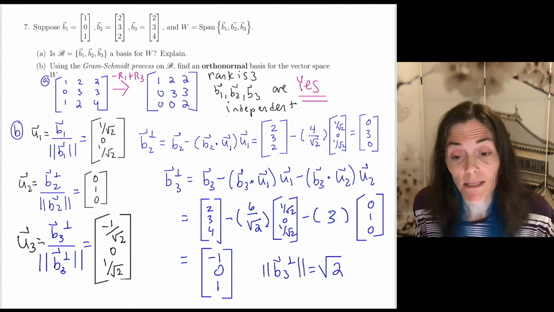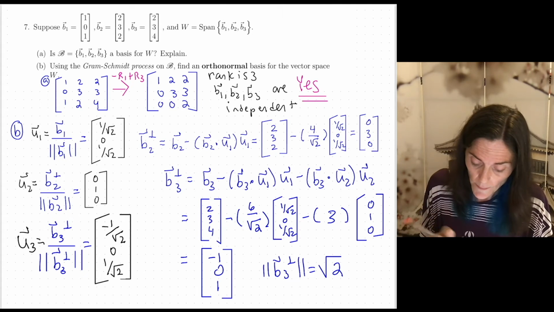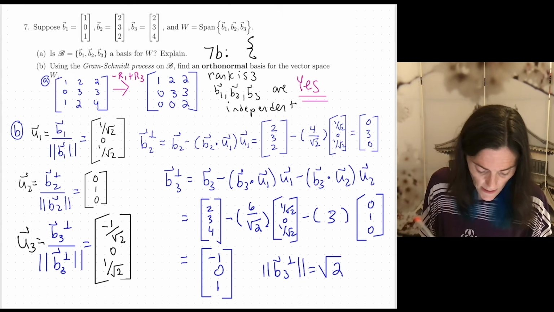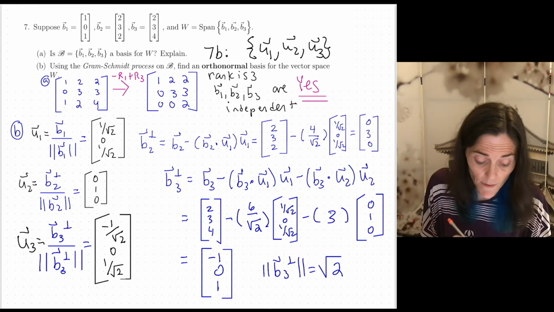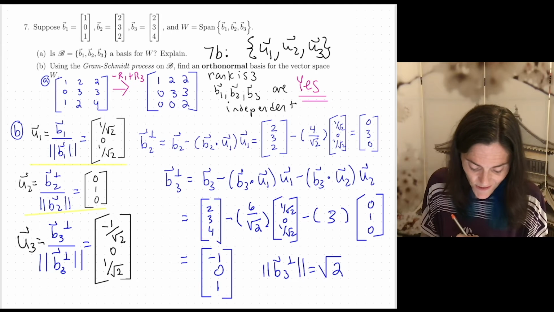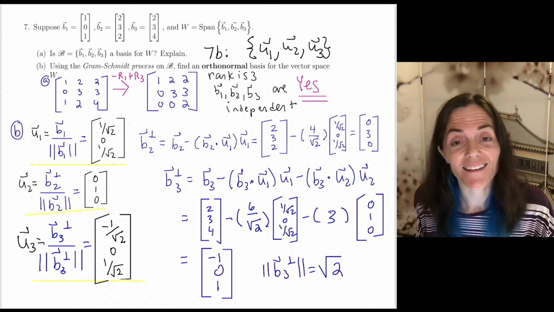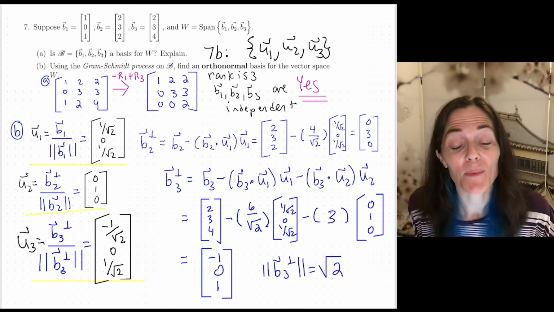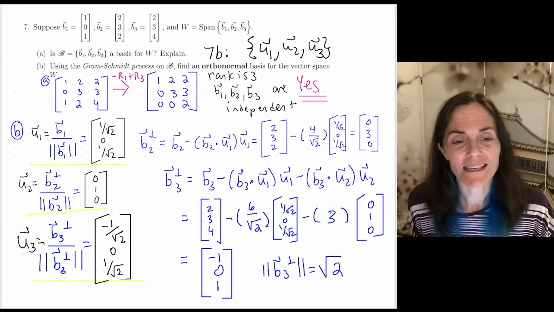So my orthonormal basis for W, maybe I will just write this at the top. My new basis is U1, U2, and U3, where these three vectors are below. Here's U1, here's U2, and here is U3. Now you can check U1, U2, U3, they are all unit. They are all perpendicular to each other. And this is the Gram-Schmidt process for this basis B.